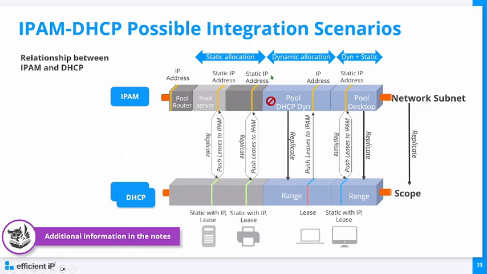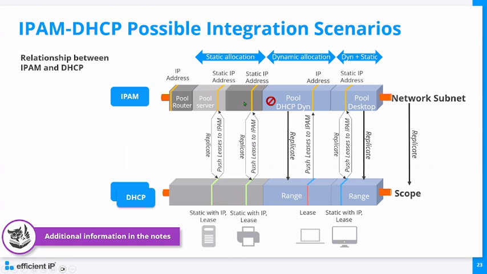When you create this static IP in IPAM, it replicates to DHCP. The static IP will be in the scope, so you can statically assign to the client an IP address in the scope.